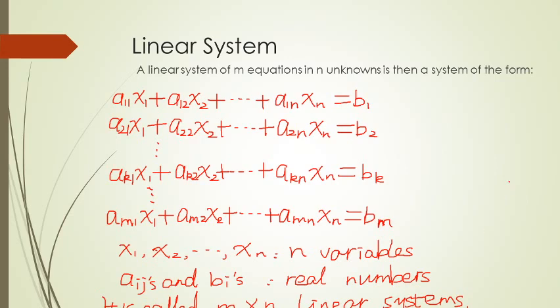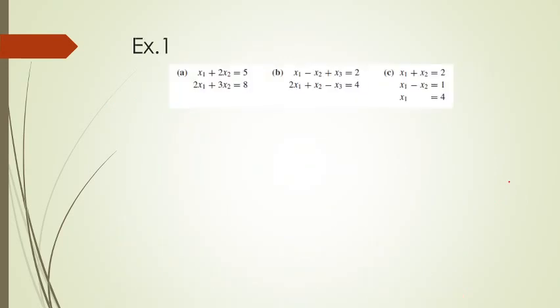Now let's check some simple ones. So part A. What is this system called? What are the values for m and n? How many equations do we have for part A?